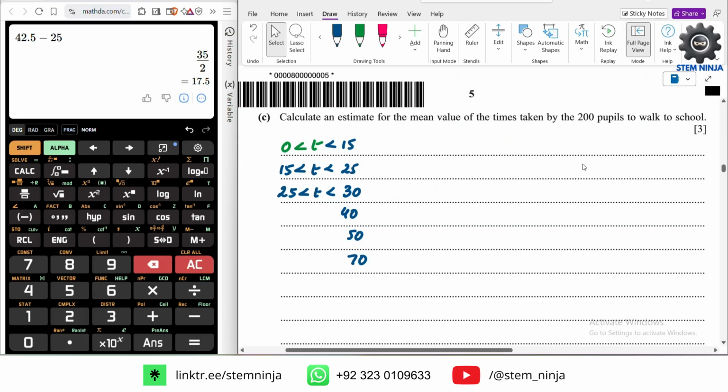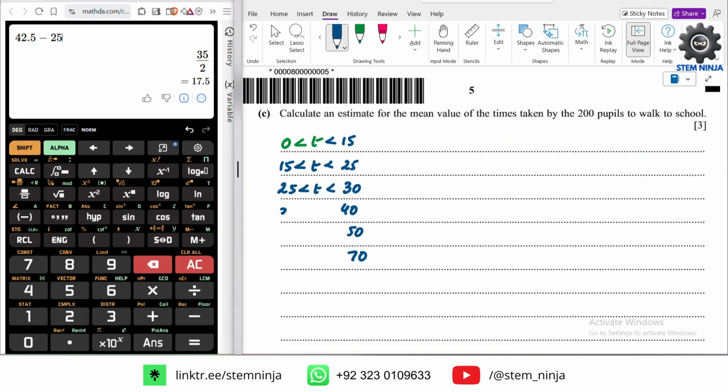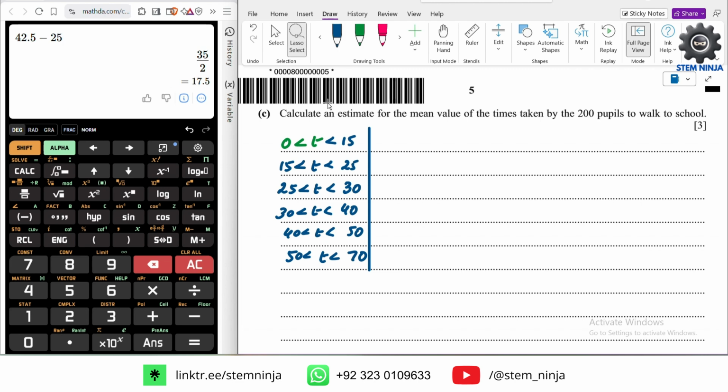Okay, so that's what we have. So this would be from 30, this would be from 40, now 50.